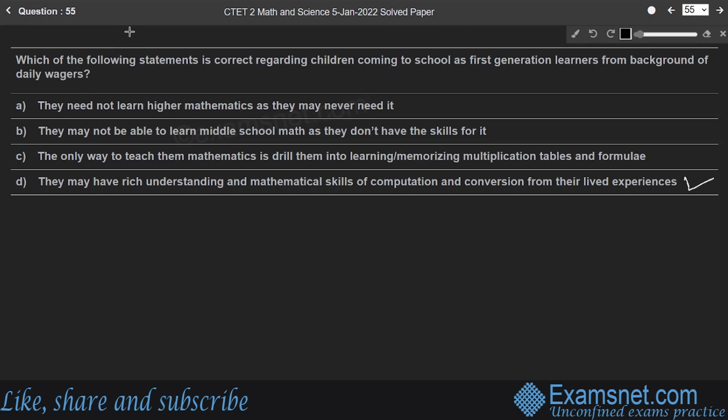They also use conversion to calculate the exact measurement of things like bricks and stones to check if they would fit in a place or not. Being in that environment, children also get to know and familiarize themselves with these skills. Here, option D is the right answer.